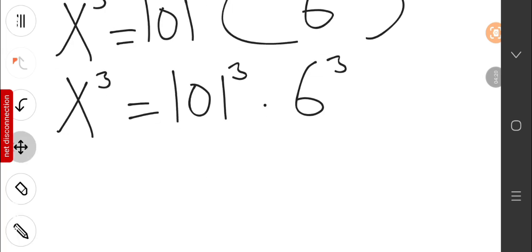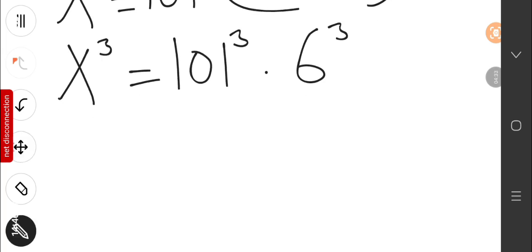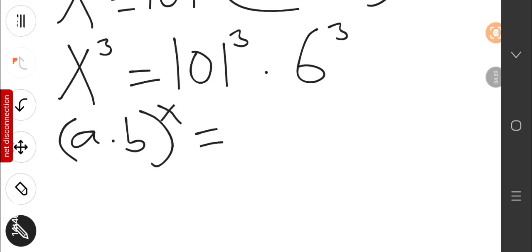All right, now we are going to apply a formula we have stated earlier, which is the product of powers formula. Now let me quote it again. If you have a times b all in a bracket exponent x, this equals a exponent x times b exponent x.